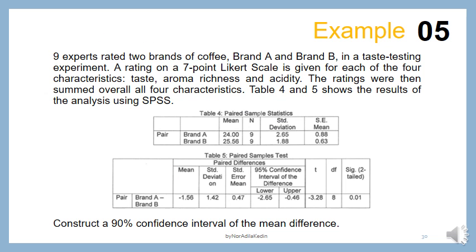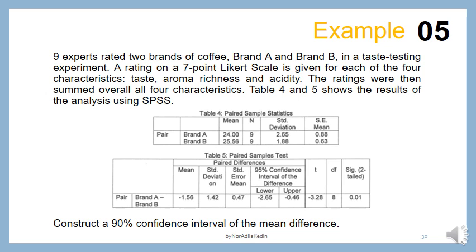Okay, ni contoh. 9 experts rated 2 brand of coffee, brand A and brand B. In a testing experiment, a rating on a 7-point Likert scale is given for each of the 4 characteristics: taste, aroma, richness, and acidity.